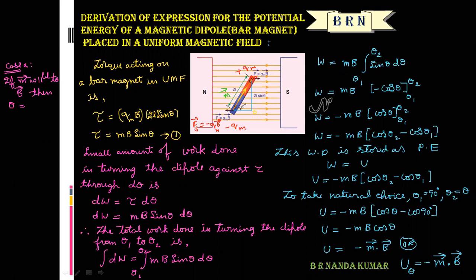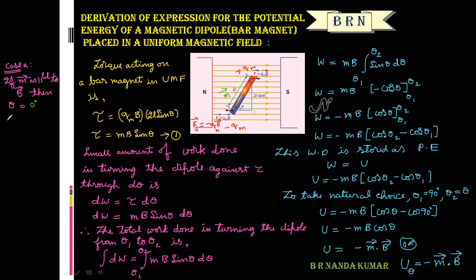Theta is the angle made by the direction of magnetic dipole moment and the direction of the magnetic field. So if m vector is parallel to B vector, theta is equal to 0 degree.